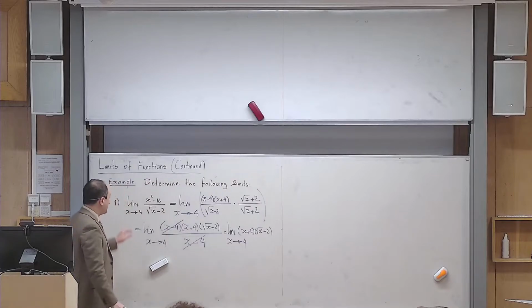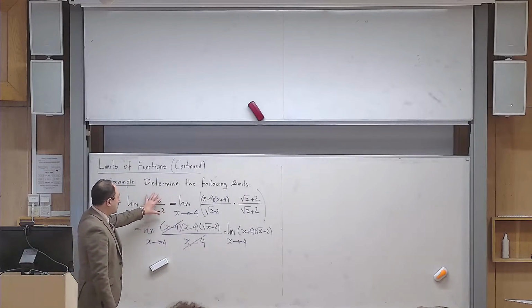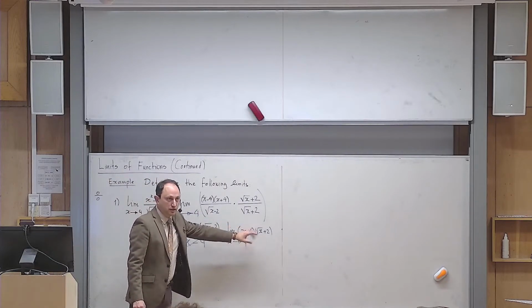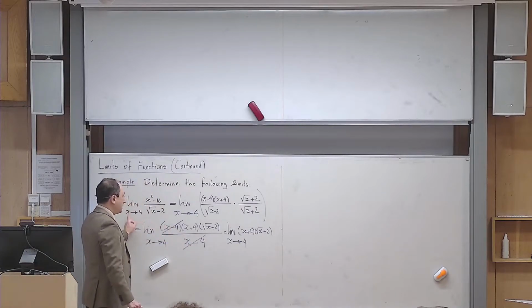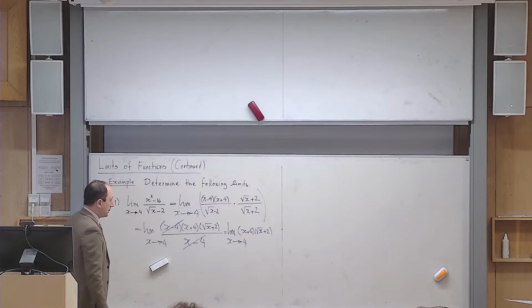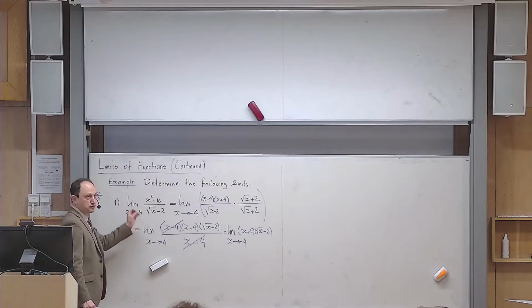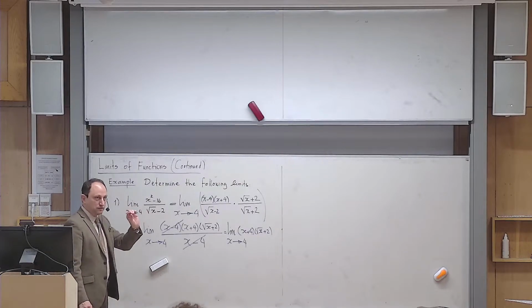The reason is that when x is not equal to 4, the values of this function match with the values of this function. And in this limit, I'm not interested in what happens at exactly 4. I am interested to know what happens for my function at points very close to 4.